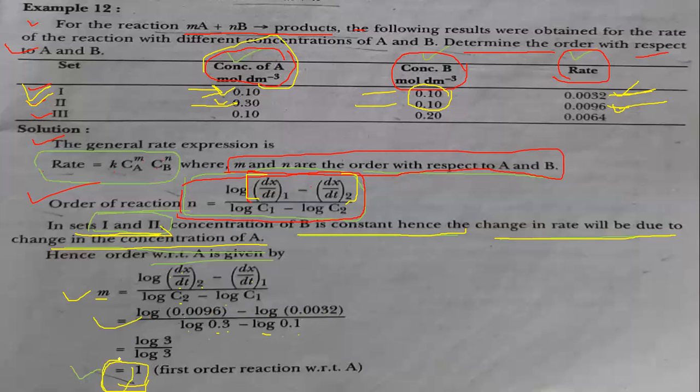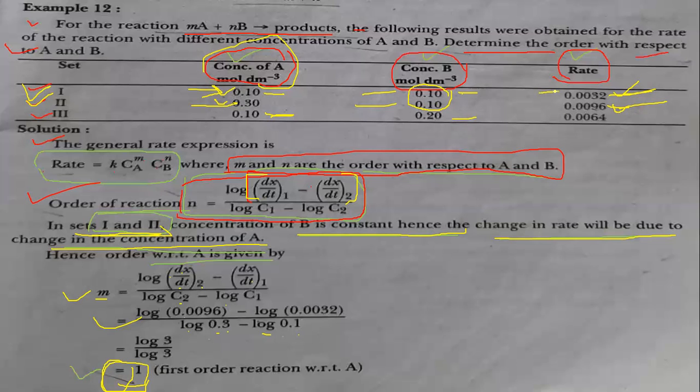Now we'll see the second case. Here the concentration of A is constant in set 1 and set 3, but the concentration of B is different. In set 1, the concentration of B is 0.10, and in set 3 it is 0.20.